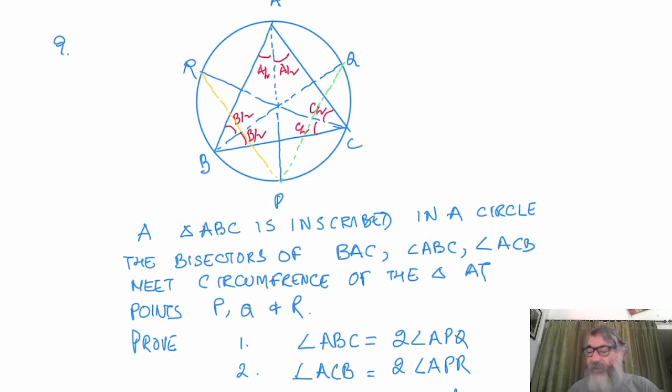First, angle ABC is double of angle APQ.